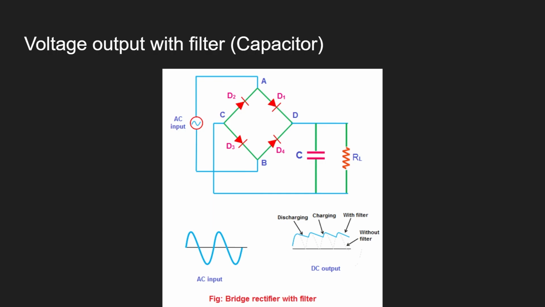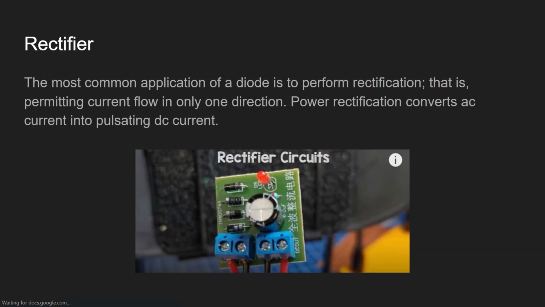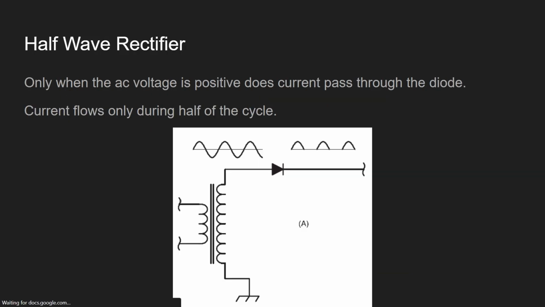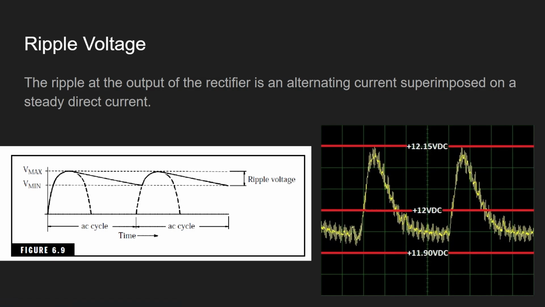So you see that the ripples will be smoothed a lot. The larger the capacitor, the smoother the curve. That's why a very large capacitor is used in a bridge rectifier. It helps to stabilize the voltage and maintain the output as steady as possible.